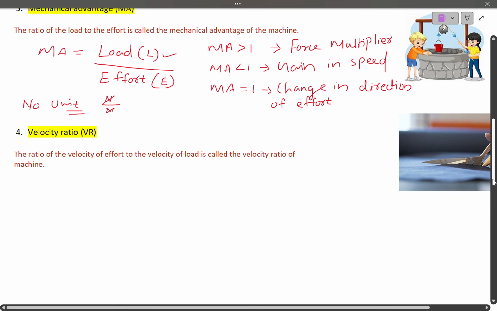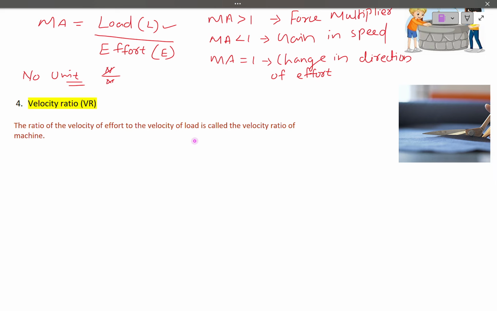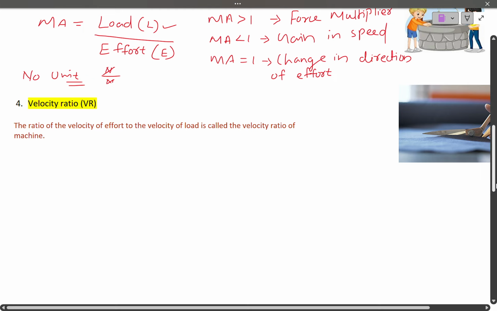Next term we have to study is velocity ratio. Velocity ratio is a ratio of velocity of effort to the velocity of load. Let's write it mathematically.